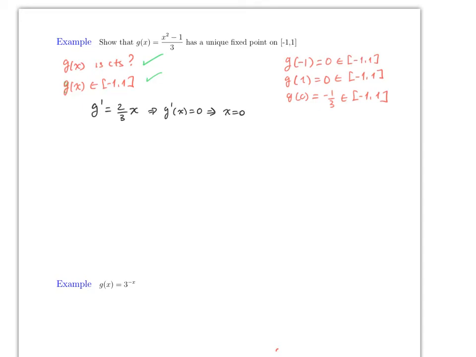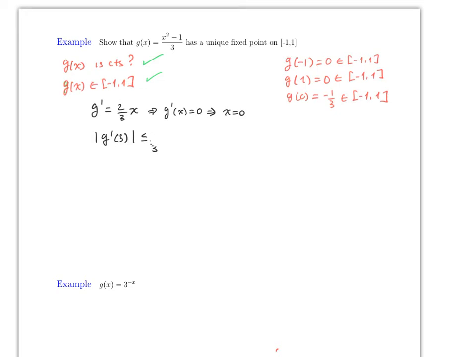So far so good. Now what is the absolute value of the derivative? So g prime of x, or g prime for some c, okay? So the absolute value of g prime of c clearly is less than or equal to 2 over 3, because you're going between minus 1 and 1.